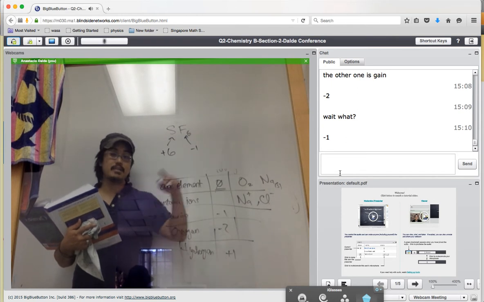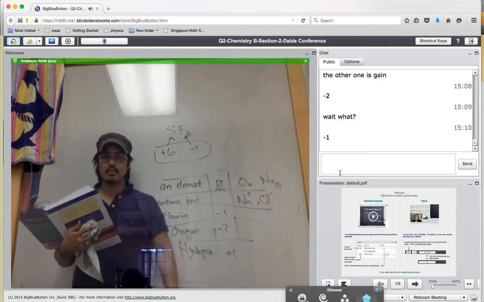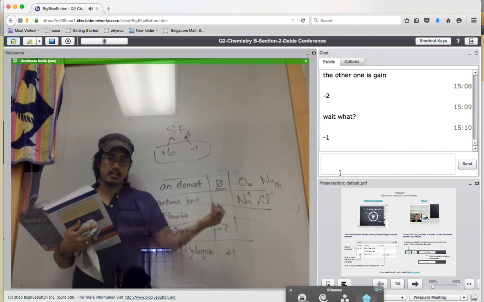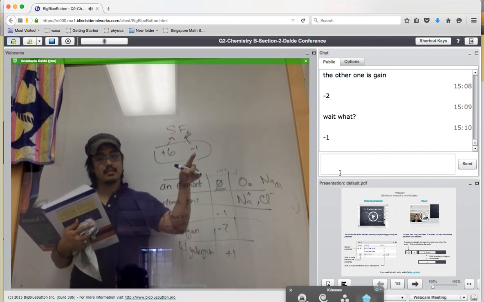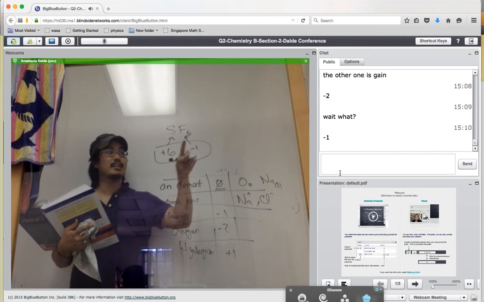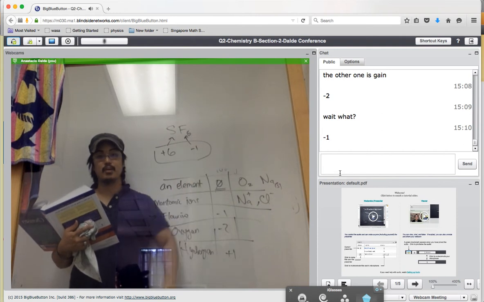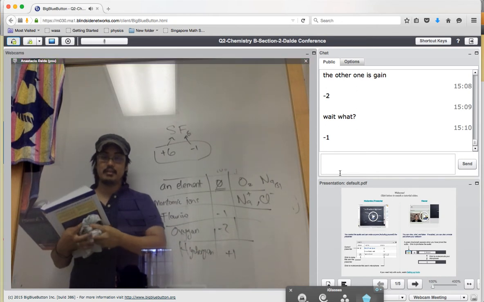It has to balance out. If I add up the oxidation numbers of each of these, they have to add up to 0. It's kind of like charges, but a little bit different. So there are 6 negatives, and there's only one sulfur. So the sulfur has to have a +6 to balance out with the 6 fluorines that are each -1. Does that make sense? You guys get it?